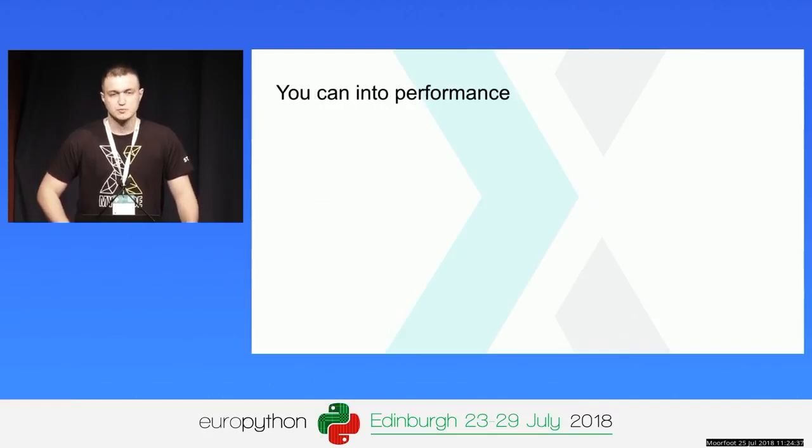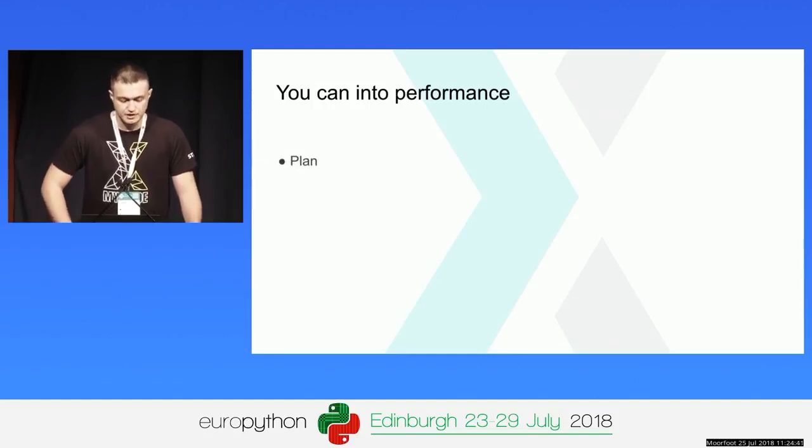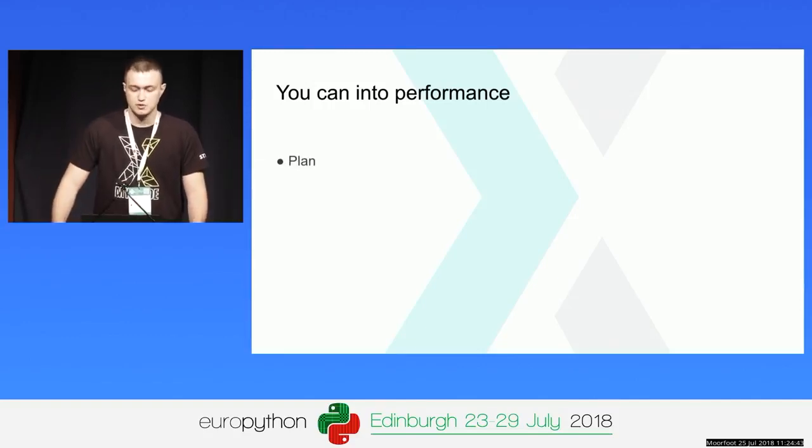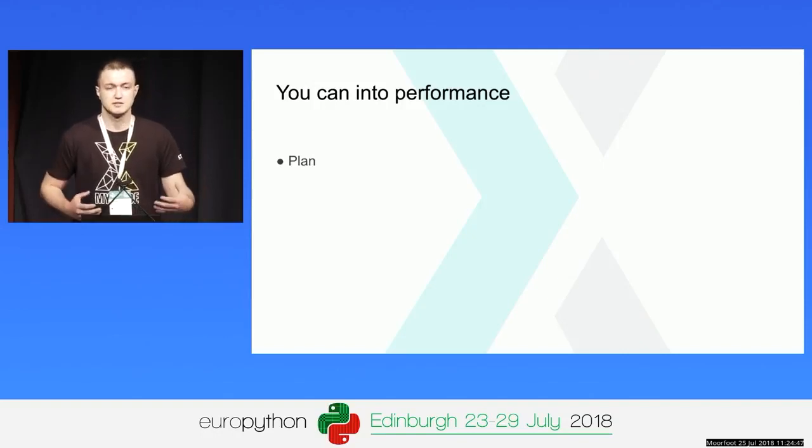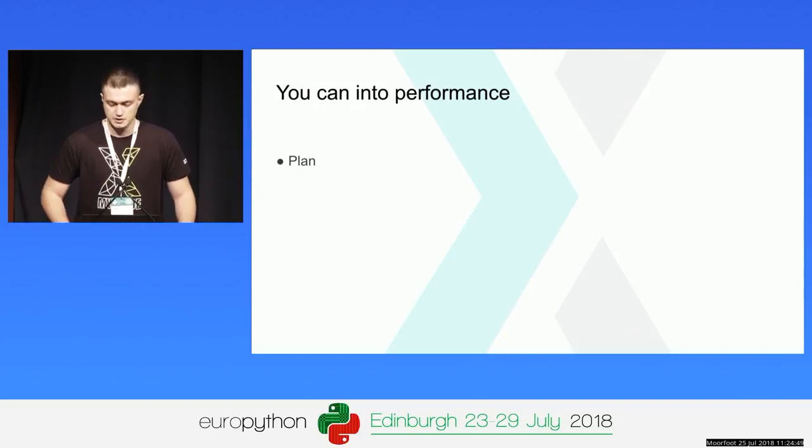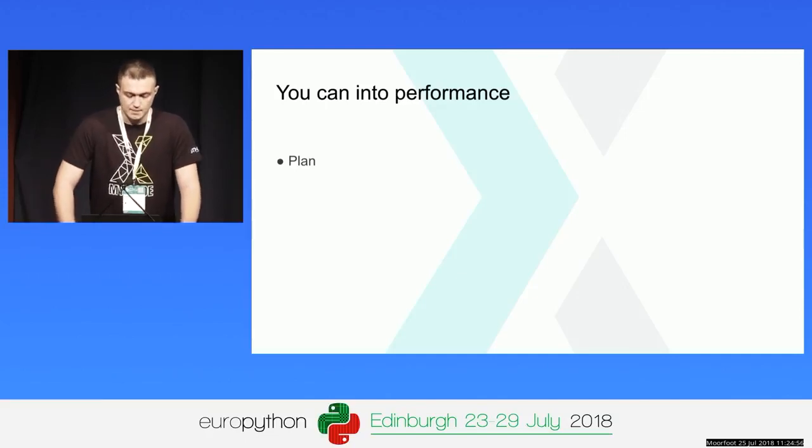What should we do to optimize our code in a good way? First, we have to plan and predict our approach, implementation and the data structure which we will use, and predict which one will give us the best results. Then we should profile our code.